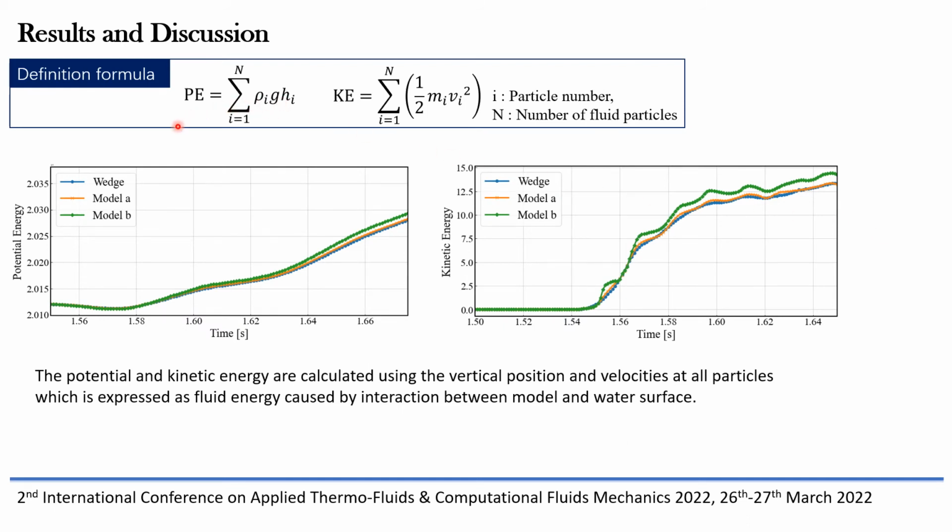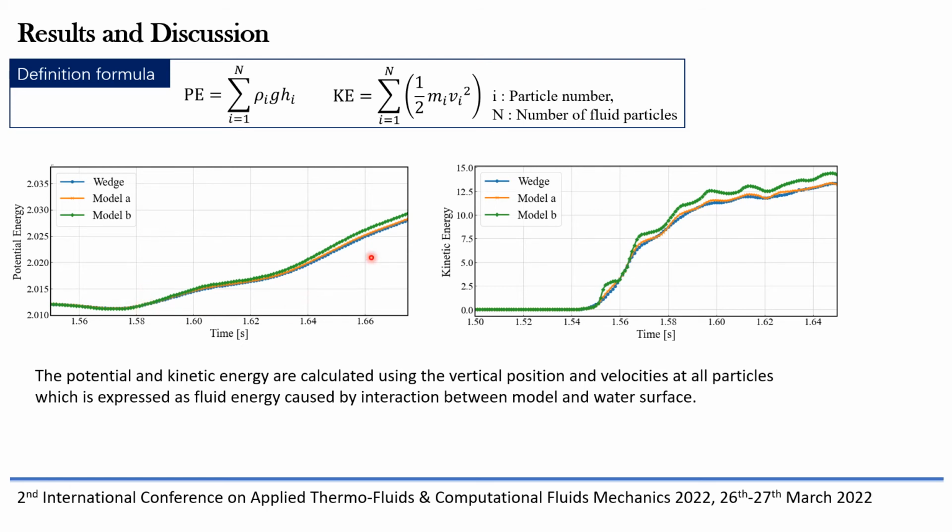And then this is the velocity field, and this is the definition formula of the potential energy and the kinetic energy. The potential and kinetic energy are calculated using vertical position and velocity of all particles, which is expressed as fluid energy caused by the interaction between the model and the water surface.